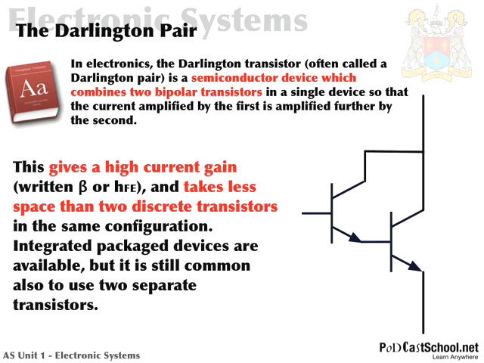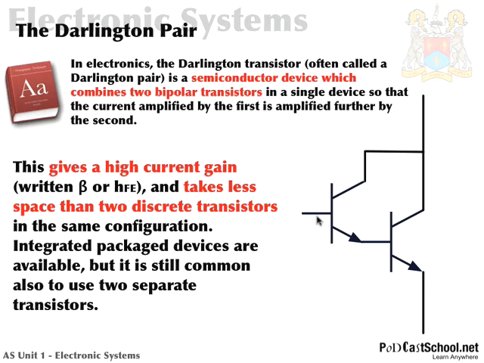I said there that this gives a high current gain, and we know that current gain is written as beta or HFE, and it takes less space than two discrete transistors. When I say discrete, I mean two single, individual transistors, each in its own little can, packaged separately. Integrated packaged devices are available, but it's still common to use two separate transistors. In other words, you can buy one of these in one can.